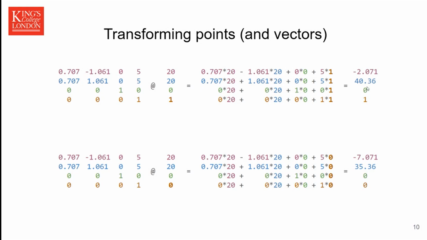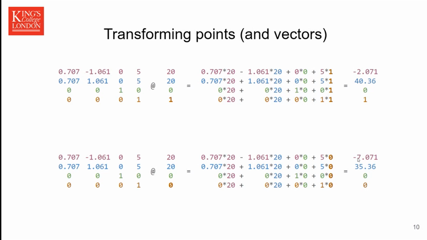But we can basically see that we can take a point that starts off at 20, 20, and if we scale by 1.5, rotate by 45 degrees, and then translate it by 5, that point that starts at 20, 20 ends up at minus 2, 40. And if we're dealing with vectors, then we don't actually move the data around with the translation elements of the matrix here.